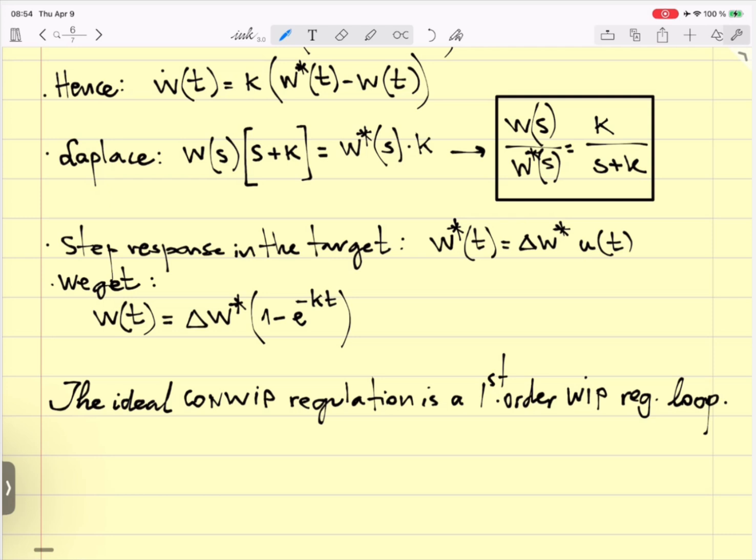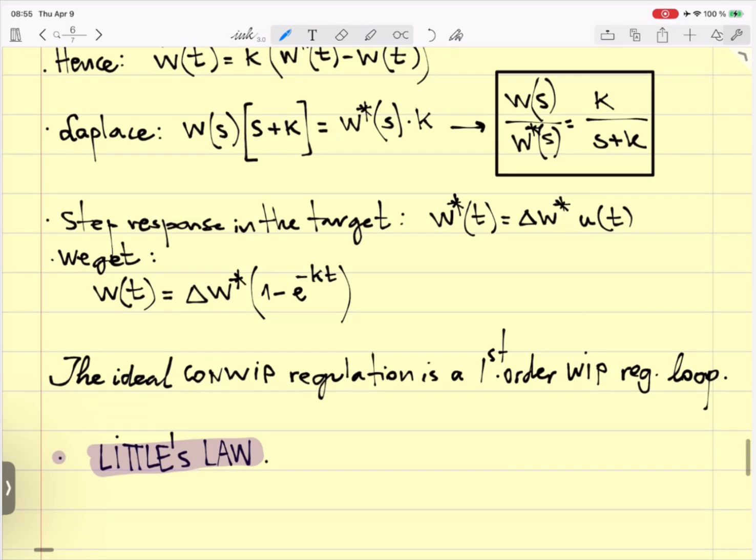No. So then another important concept is called Little's law. I put this in big capital letters. This is very important, okay? In fact, this is the most important equation that you will see in logistics ever.